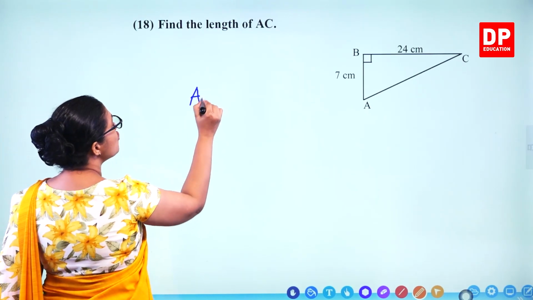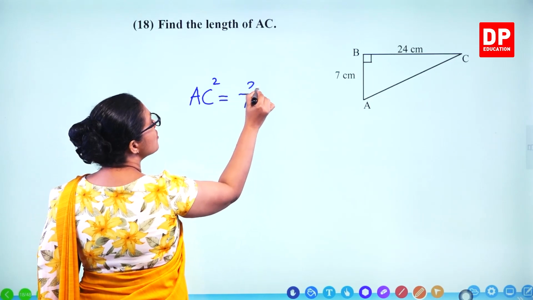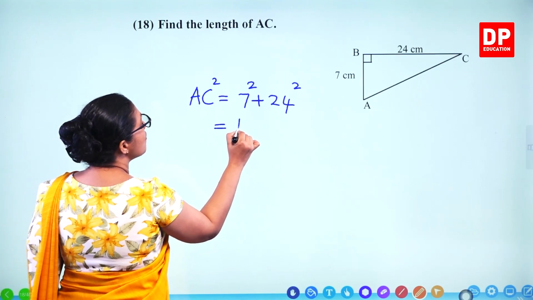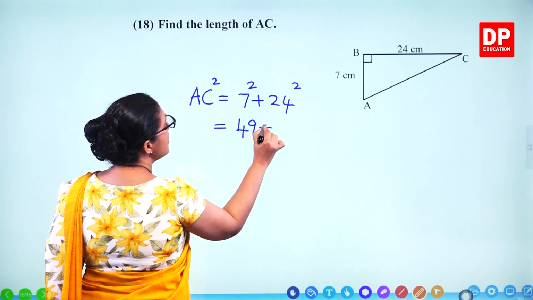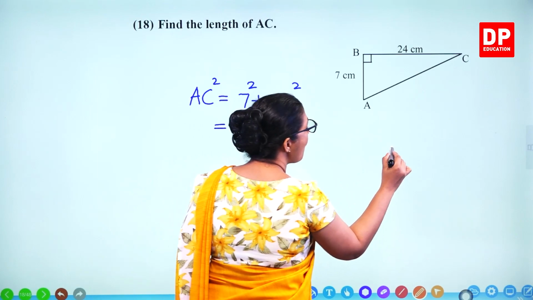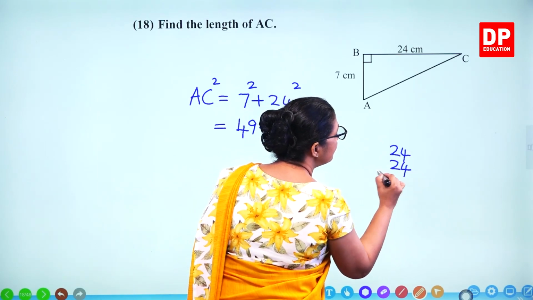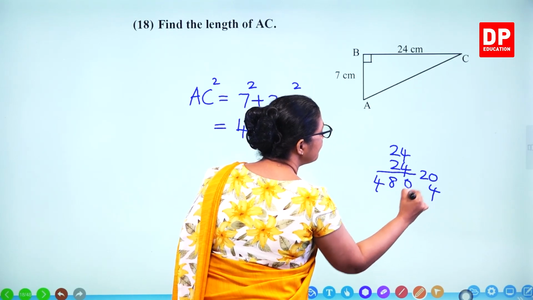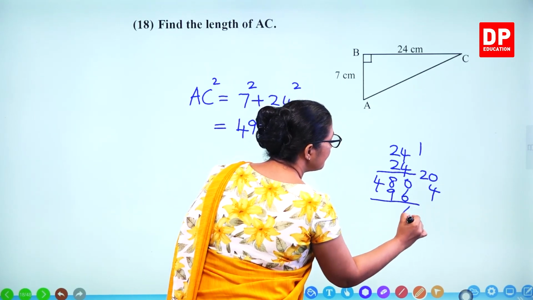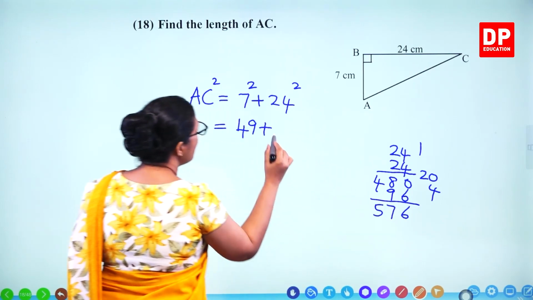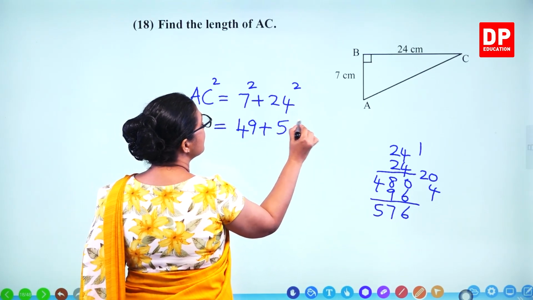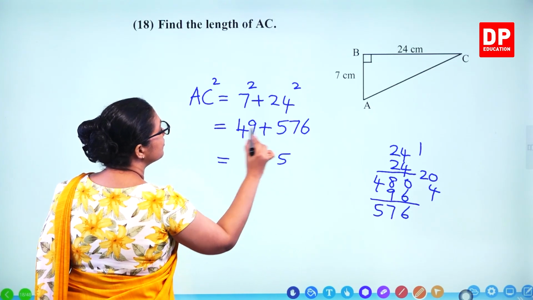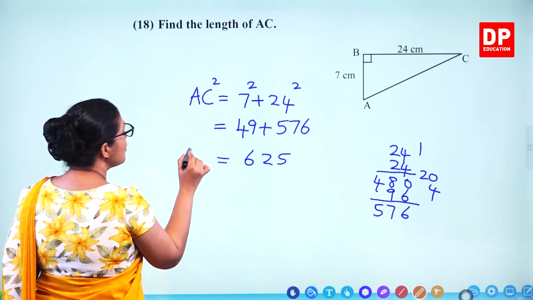The hypotenuse squared is equal to the sum of the squares of the other two sides. 7 times 7, 49. 24 times 24, 576. Then add it. 625.